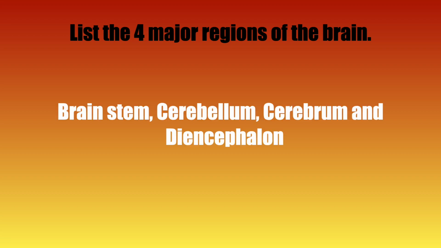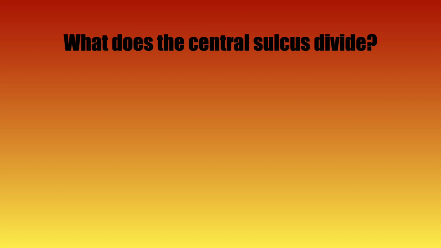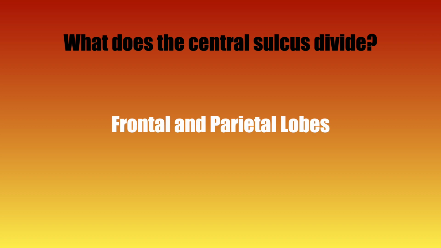The answer is brainstem, cerebellum, cerebrum, and diencephalon. What does the central sulcus divide? The answer is frontal and parietal lobes.